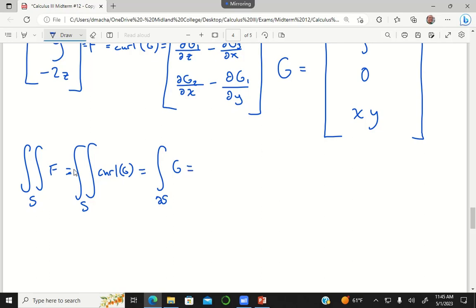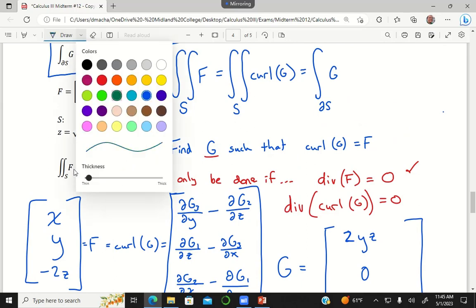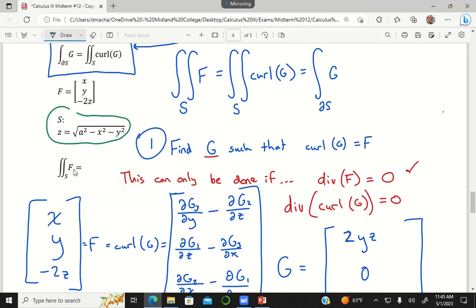Okay, so the way we do a path integral is we choose some parameterization t of the path around my surface. My surface is the same that it always has been. It is the upper half sphere with radius a. And so what is the boundary of my surface?